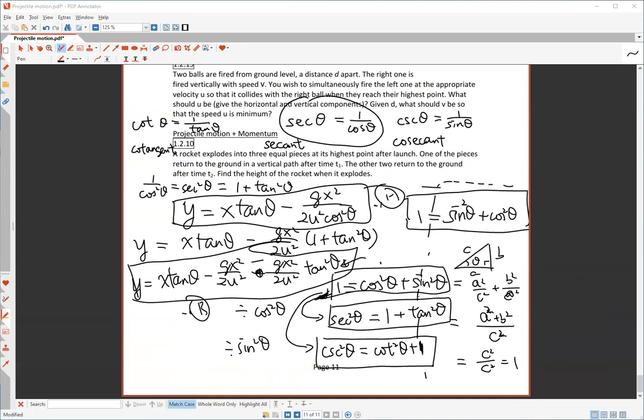You can consider it as a quadratic equation of x, and also you can consider it as a quadratic equation of tangent theta. Then it will be quite useful to solve some types of questions, especially regarding the angle.